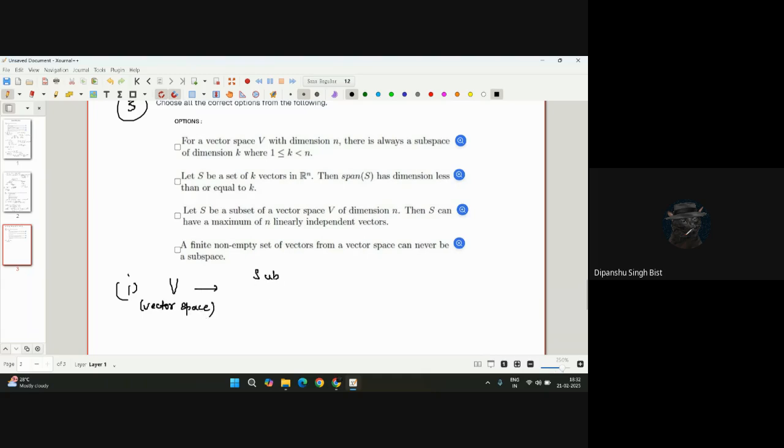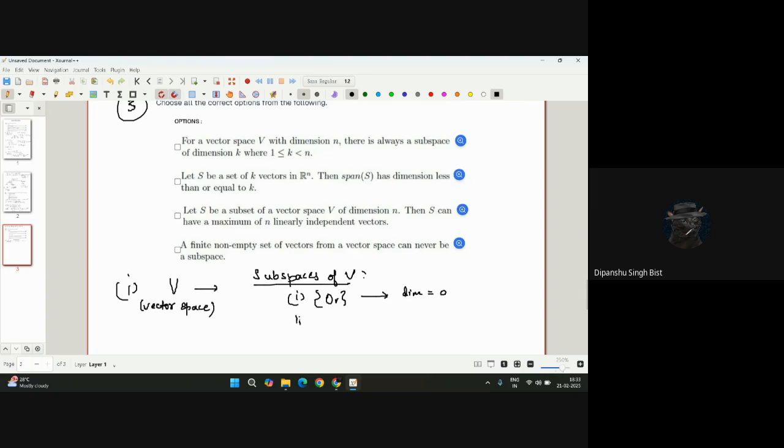So if I say subspaces of V, first is 0, which is going to be a subspace of it. Okay, the 0 vector of the same dimension. So it's going to be a subspace of V. Okay, so it's one of your trivial subspaces. So it has dimension equal to 0.